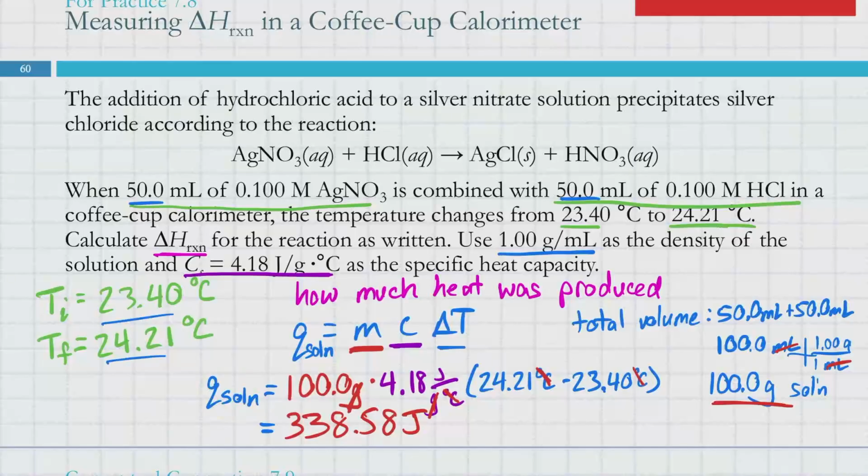So that was how much energy went into our solution. That energy must have left or been produced by our reaction. So Q reaction is going to be the negative Q solution. So negative 338.58 joules is our Q, or our heat produced by the reaction.